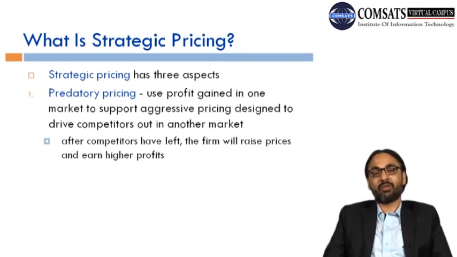The reason they will do this is to drive the competitors out of the Indian market. They will set the price so low that the competitors could not beat that price. They use profit gained in one market to support aggressive pricing designed to drive competitors out in another market.